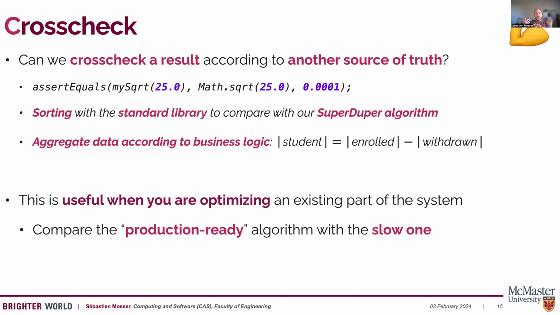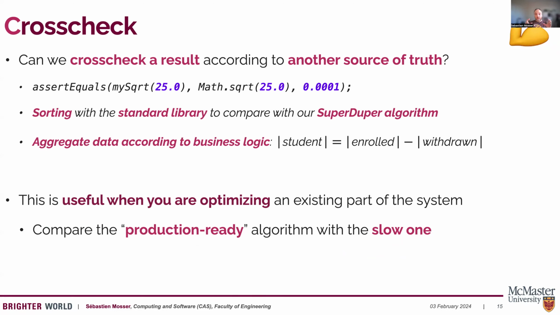Second point, the C of BICEP is for cross-check. Cross-checking means that I have something else that can compute the same result, and I want to be sure that my new stuff works the right way. An example could be a square root, which might be expensive to compute, who knows, or you can imagine something which is expensive to compute.